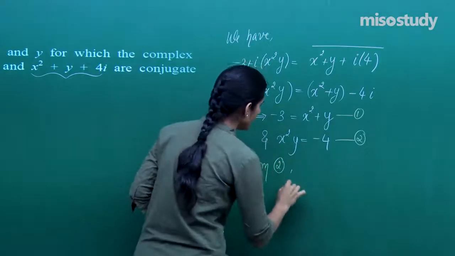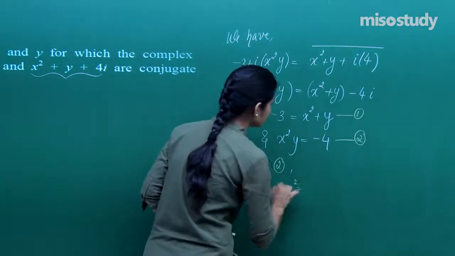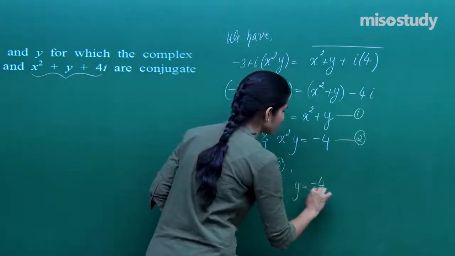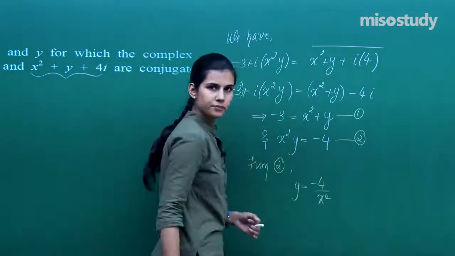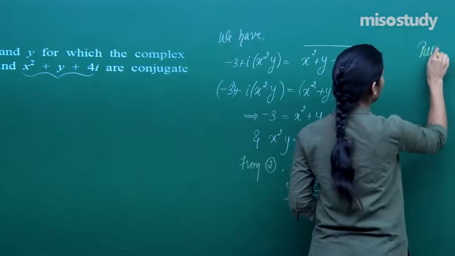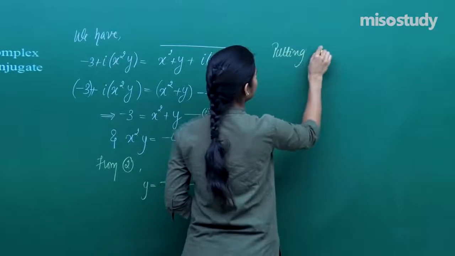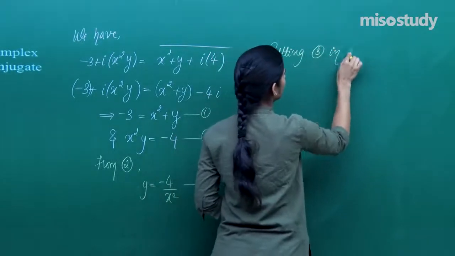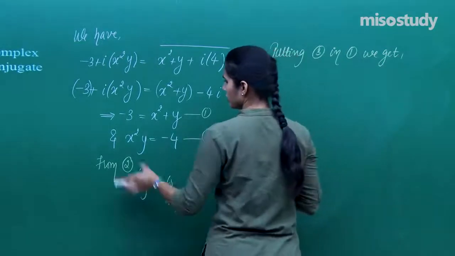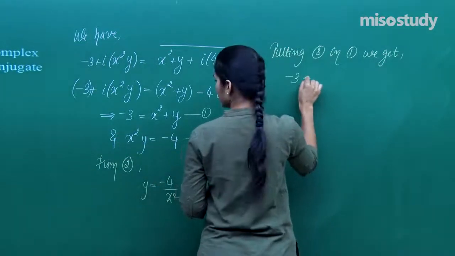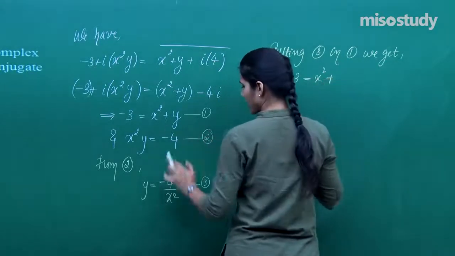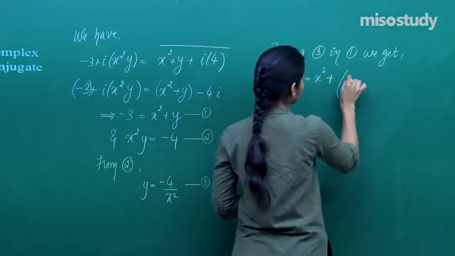From 2, we have y is equal to minus 4 by x square. Putting this 3 in 1, you get minus 3 equals x square plus y, which is minus 4 by x square.